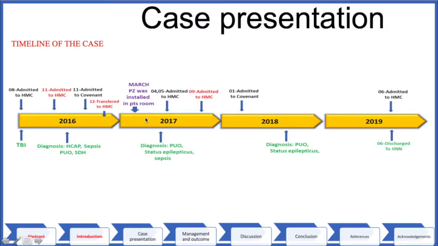Around March 2017, early 2017, the Puradigm Zone device was installed in the patient's room. Yes, he had infections, and yes, he had recurrent hospital admissions even after the device was installed.